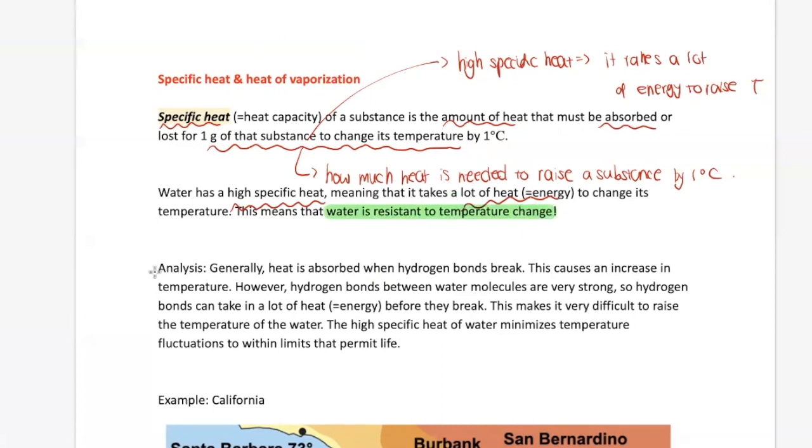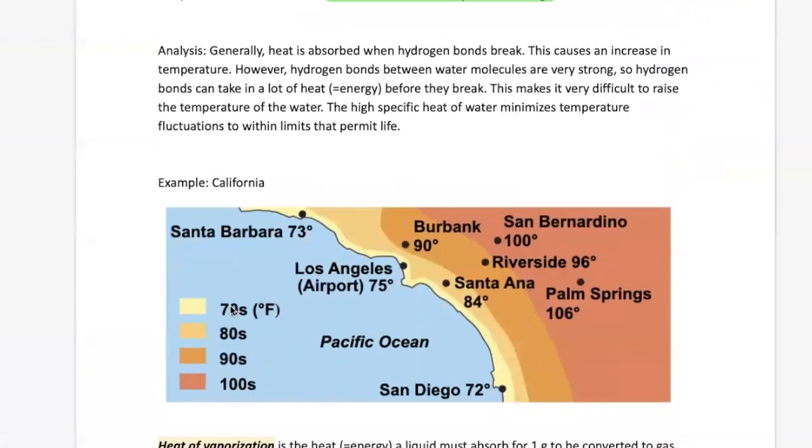One real life example that we might want to take a look at is California. I'm pretty sure this is summer, let's say it's August. You'll see that inland regions, where there's an absence of water, have a high temperature, because whatever sunlight they receive, the temperature will directly reflect it.